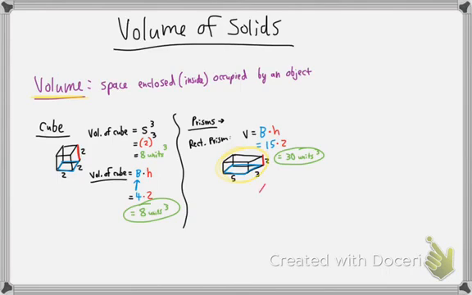Well, if you think about it, all you need to do is take this base, this bottom of 15, and keep stacking these on top of one another until you get the desired height of 2 inches. So all you're doing is stacking a bunch of these boxes on top of one another to get that overall shape. And the reason why you get the 30 is because you have to take it times that height of 2, okay? All you're doing is stacking the bases. That's why that formula makes sense.